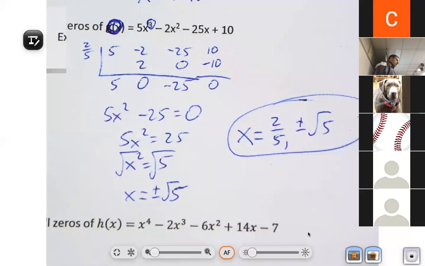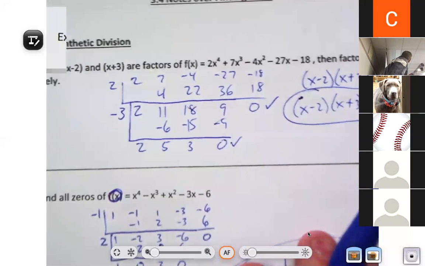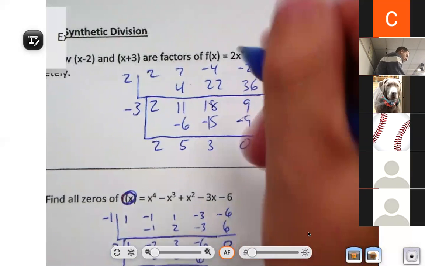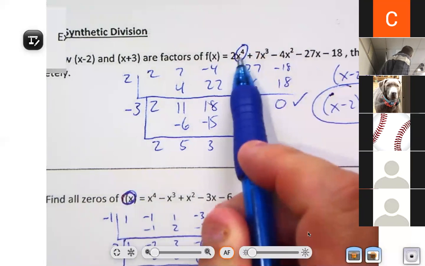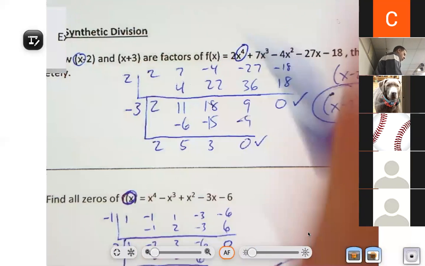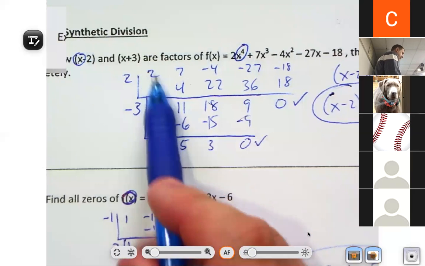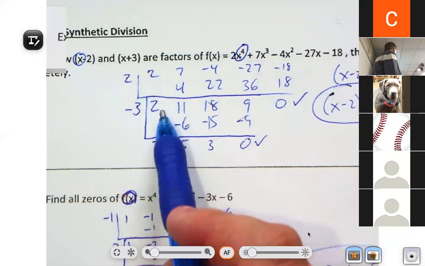Yeah, so go back to the first problem here. When you're doing synthetic division, I'm taking an x to the fourth polynomial at the beginning and dividing it by an x to the first polynomial. When you do synthetic division one time, the result is going to be an x cubed polynomial.